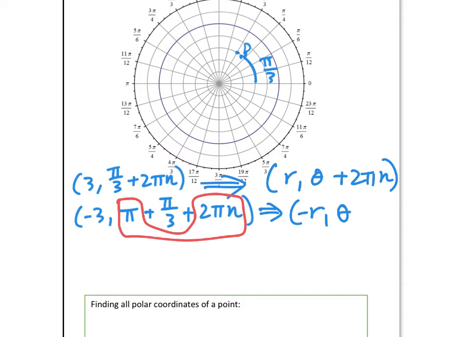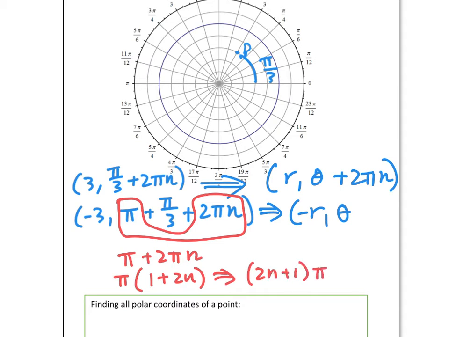So let's write a formula for this. If you take that part out, it's pi plus 2 pi n. To simplify this formula a little bit, we can take out a pi from there, so that would be 1 plus 2n. Then, to change the formula so it looks a little better, we can put the 2n plus 1 in front and then pi in the back.